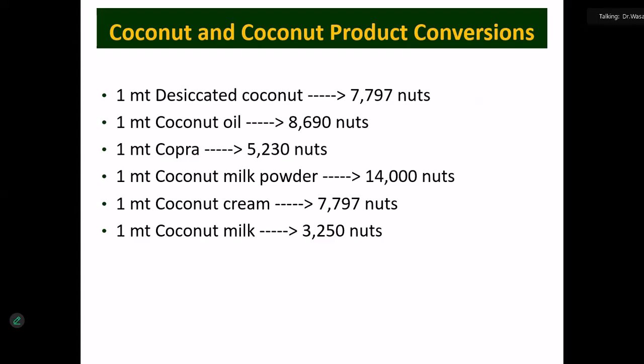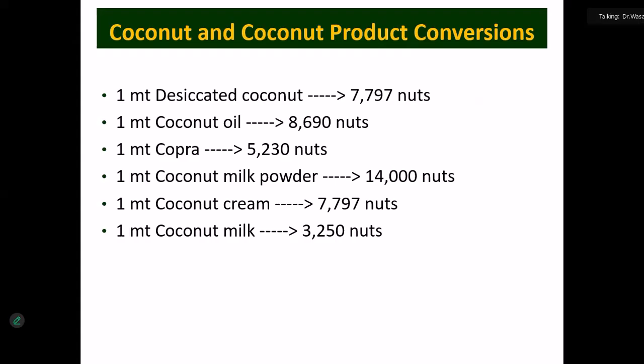What is the weight of 1 metric ton? 1000 kilograms. To produce 1000 kilograms, that means 1 metric ton of DC, you need 7,797 nuts. Raw coconuts.